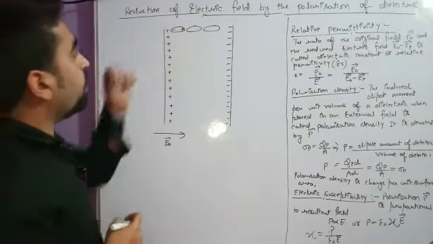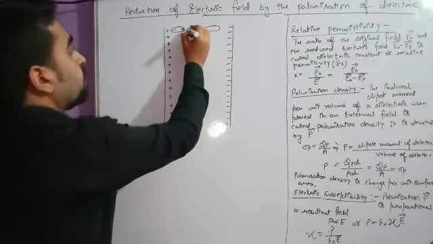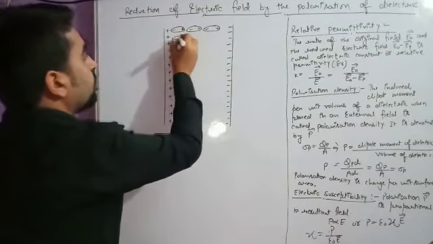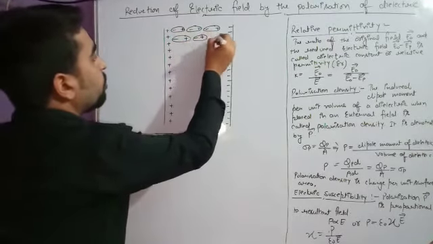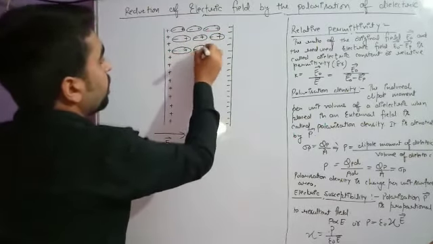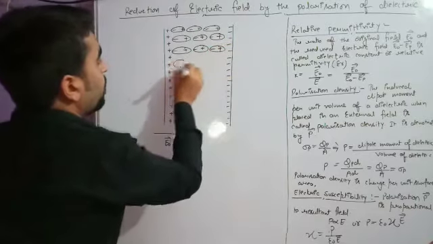So this is how they will align, positive charge here, negative here. Similarly, positive here, negative, positive, negative, positive, and so on.